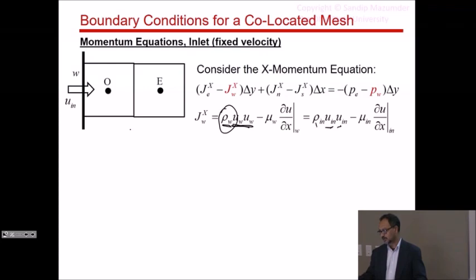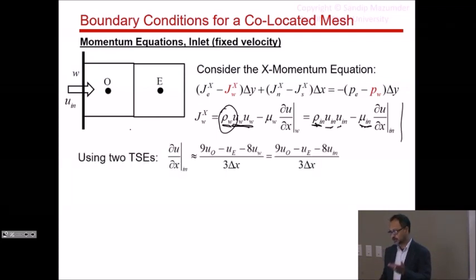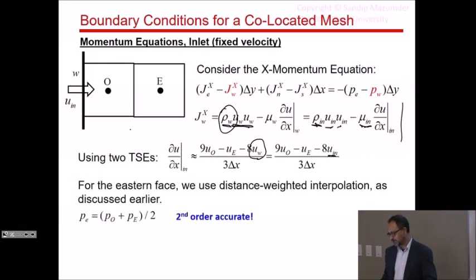That's obviously equal to the inlet density, but for right now, I'm just writing it as rho in. And then you will have an inlet viscosity, and then du dx at the inlet, which again you approximate using a two-point Taylor series expansion, just like you did for walls, except that this quantity now is equal to u in, not equal to 0.